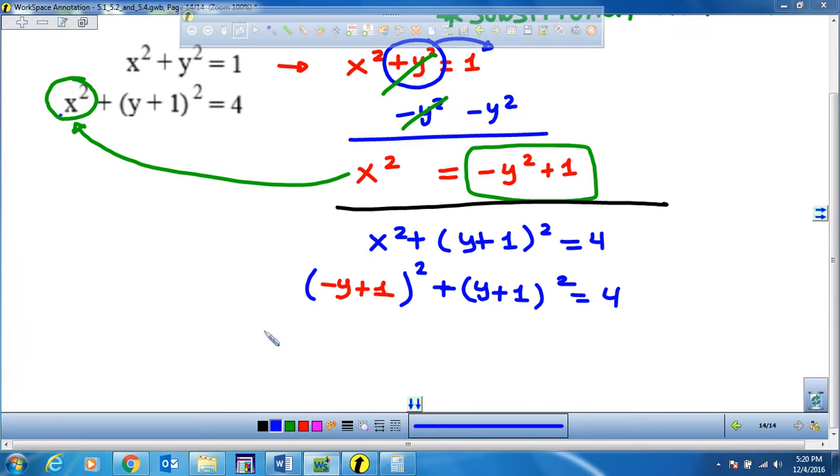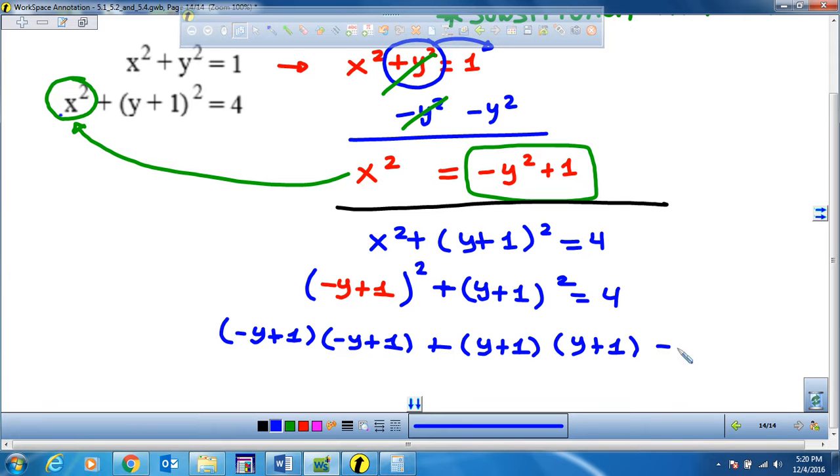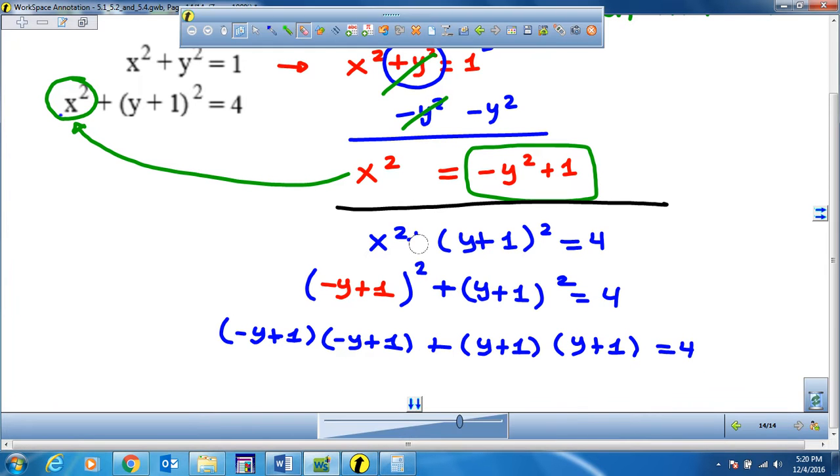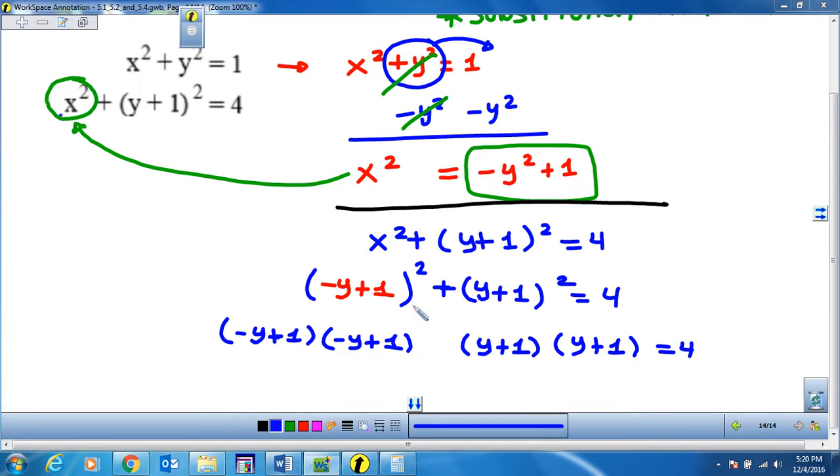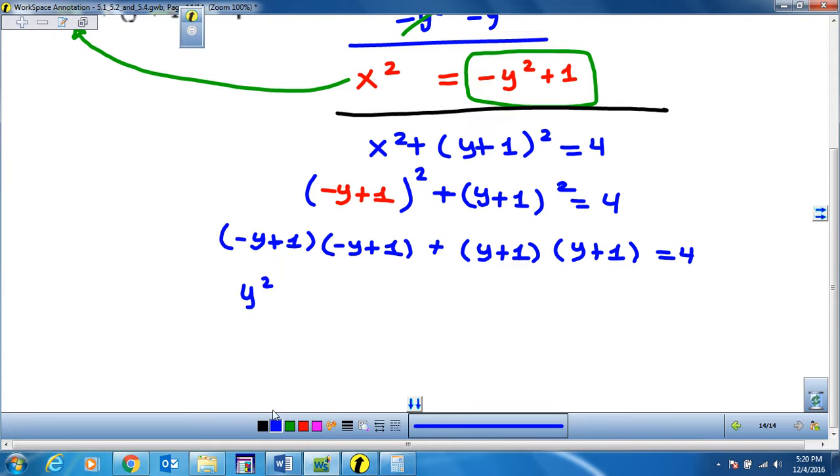So we're going to FOIL. Negative y plus 1 times negative y plus 1, plus y plus 1 times y plus 1 equals 4. So negative y times a negative y, positive y squared. Negative y times 1, negative y. y times a negative 1, negative y.